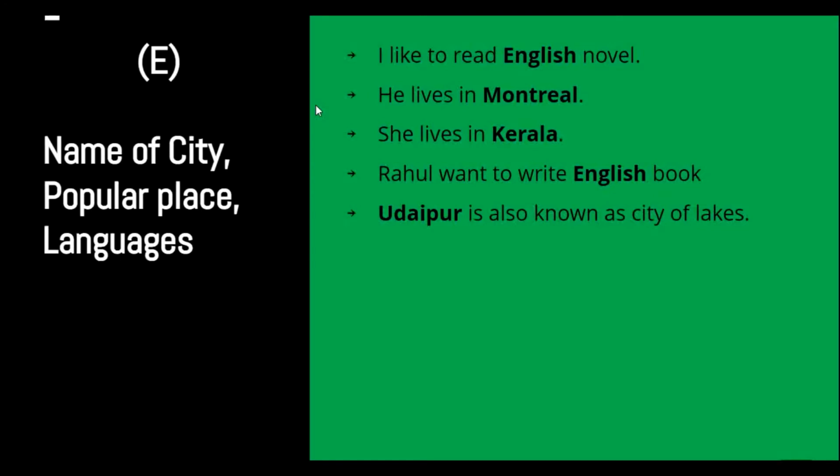He lives in Montreal. Montreal is a city in Canada, so the first letter of Montreal is a capital letter. She lives in Kerala. Same as above, Rahul wants to write an English book. Udaipur is also known as the city of lakes. Here Udaipur is the name of a city.